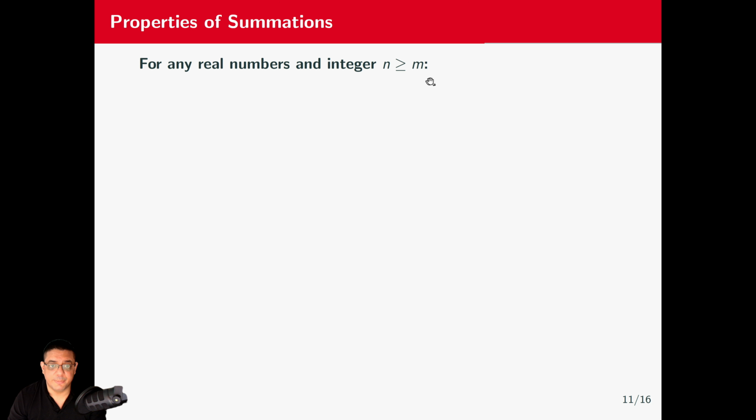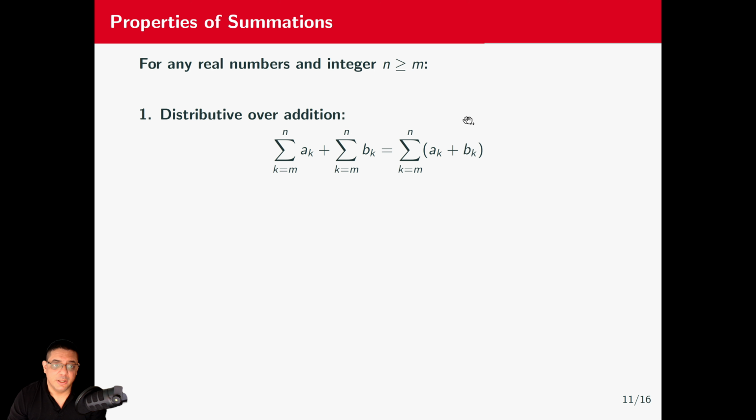So for any integer n bigger than m, we're going to have that the sums work with distribution. So if you have distribution over addition, if you have the sum of the a_k terms from m to n, and the sum from m to n of b_k, you can consider this like a single sum of both of these terms or these sequences.